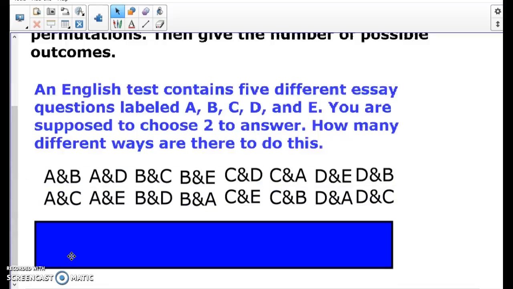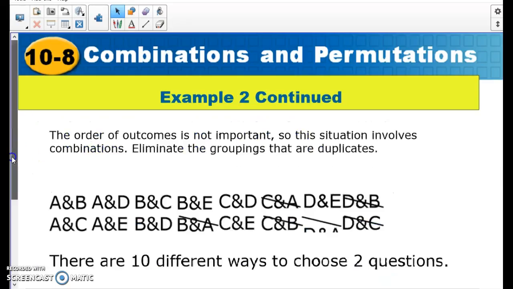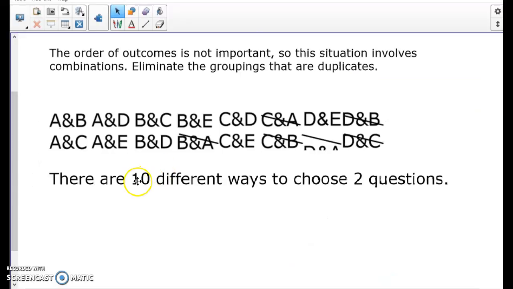And here are all the different combinations, except we're missing the fact that A and B and B and A are the same, and D and E and E and D are the same. So there are 16 different ways to do it, but some of them are repeating, so there's only really 10 different ways to do it. So 5 different letters, A, B, C, D, E, we have to pick 2. 5 times 2 is 10.